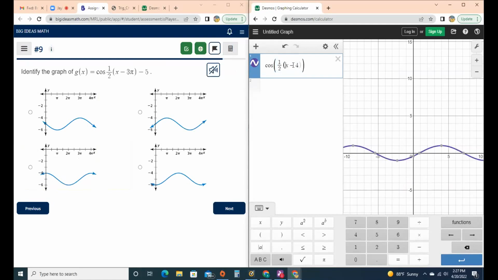Open parentheses there, good. And then x minus 3 pi, you got it. And then that minus 5 is going to go all the way on the outside there. Good. That one looks right.